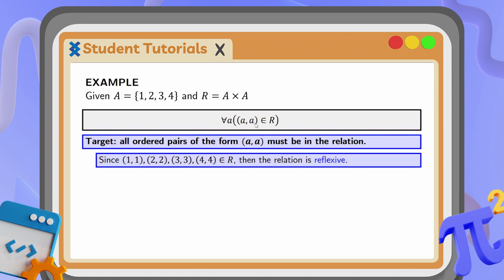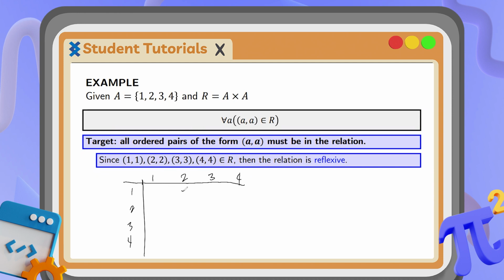Because if you apply the Cartesian product, you'd get 16 values of ordered pairs. So you have 1 paired with 1, 2, 3, 4, then 2 paired with 1, 2, 3, 4, and so on. And the contents of the relation would be all 16 elements over here.